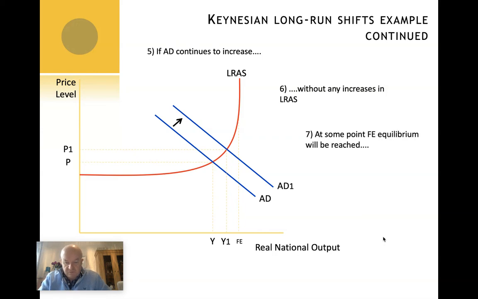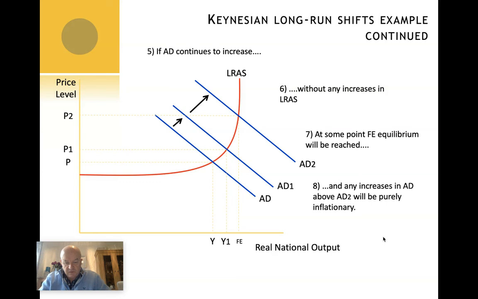At some point, we're going to reach the full employment level. So if AD continues to increase and we get to the full employment level, where all of our resources are being used to full capacity, then any increase in aggregate demand over and above AD2 is basically just going to cause inflation.